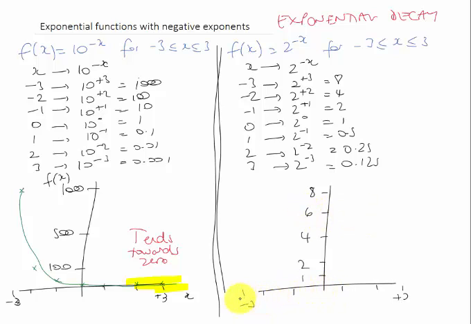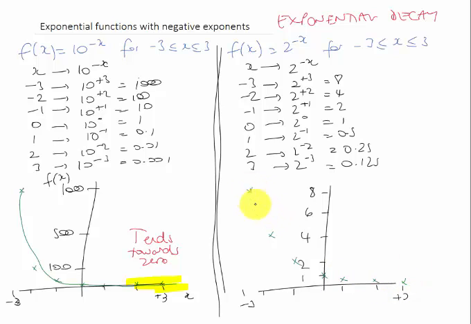So minus 3 over here gives us 8. Minus 2 is 4. Minus 1, 2. 0 gives us 1. 1 gives us a half, and a quarter, and an eighth.